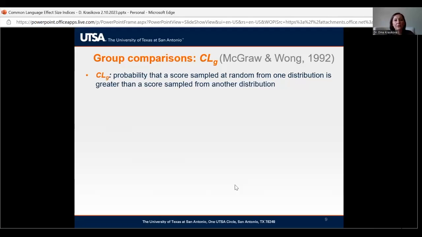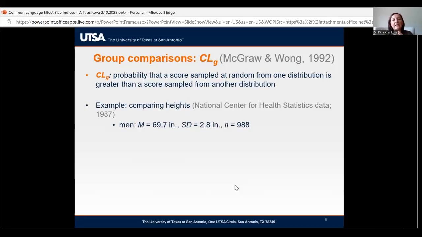CLG is used for comparing groups, for mean comparisons. CLG is interpreted as the probability that a score sampled at random from one distribution is greater than a score sampled at random from another distribution. An example from the original McGraw and Wong's paper is comparing heights, using old data from the National Center for Health Statistics data set.